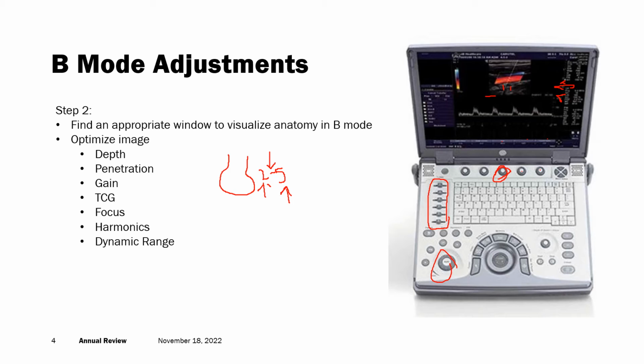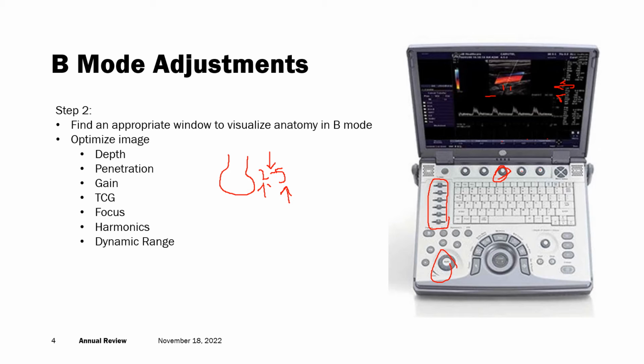Okay. Now, a lot of equipment will also have harmonics as an option, and harmonics, as we spoke about, is kind of a phenomenon where when the sound goes into the body, it actually produces higher frequencies than what was introduced into the body itself. And so those harmonics are multiples of the operating frequency.